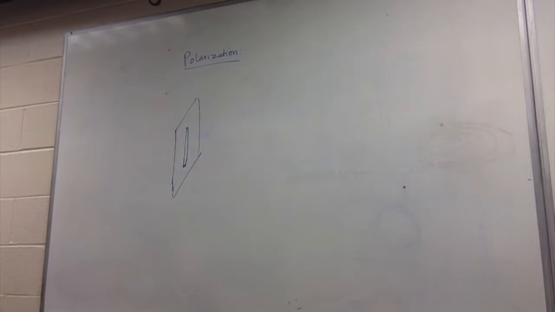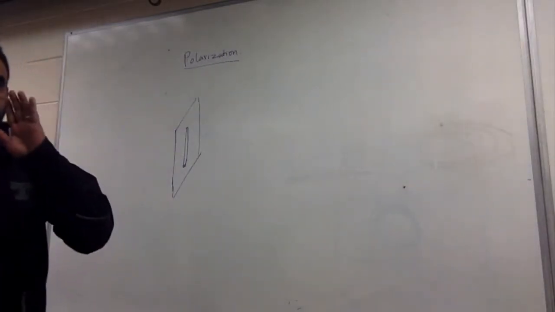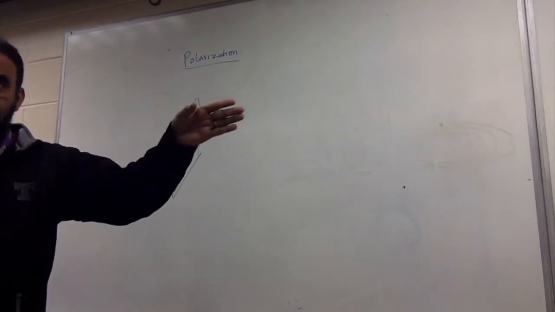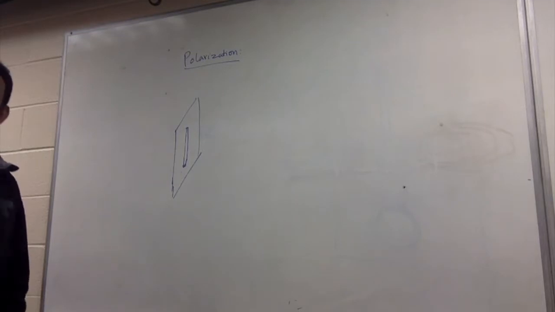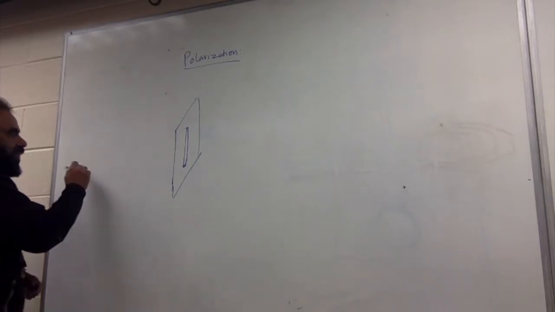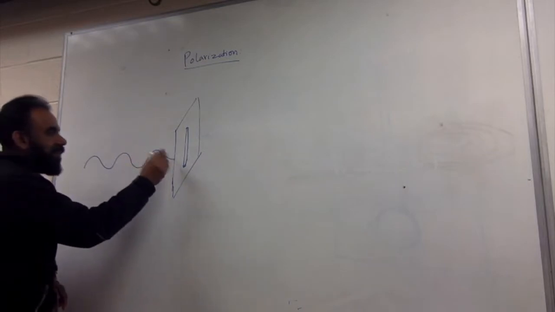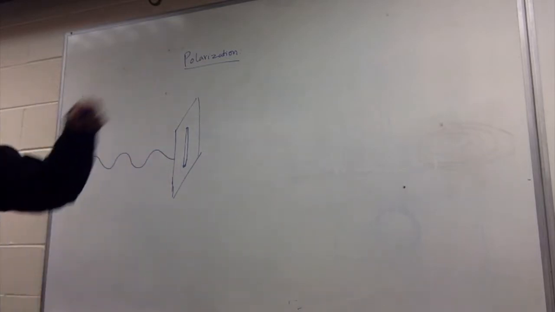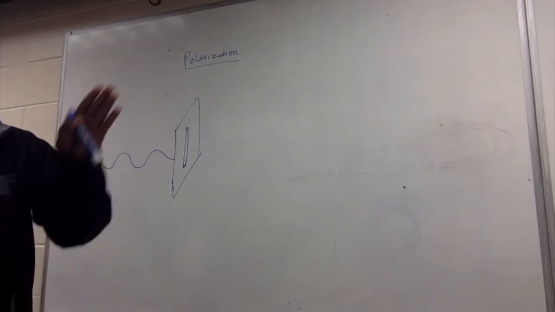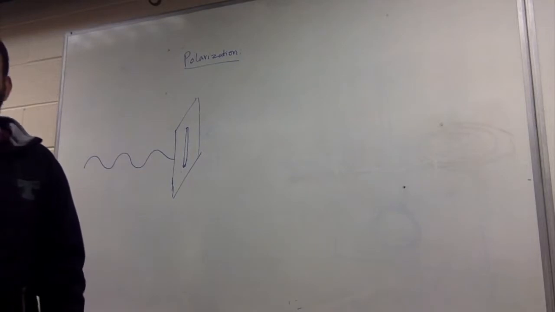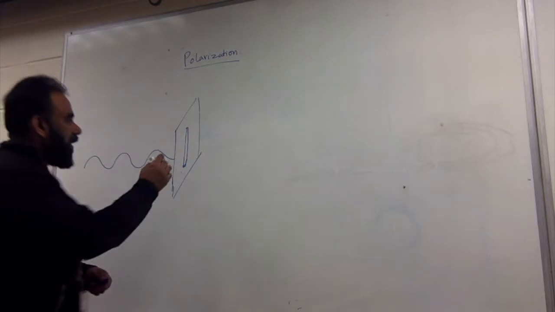If I take a rope, pass the rope through it, and take the rope in my hands and go up and down creating transverse waves, what will happen? Will they pass through to the other side? I'm moving the rope up and down, and the slot is vertical. It will pass through. So this will pass through straight away.